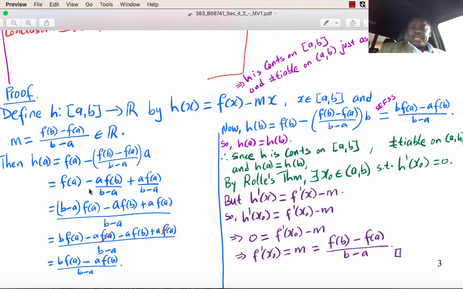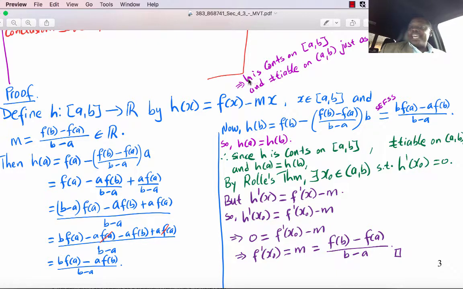In the same way, let's look at h of b. h of b would be f of b minus mb, where m is f of b minus f of a divided by b minus a. Again, a simple exercise for serious students would arrive at b f of a minus a f of b divided by b minus a. Wait a minute. That's exactly what I got here. Yes, h of a equals h of b.